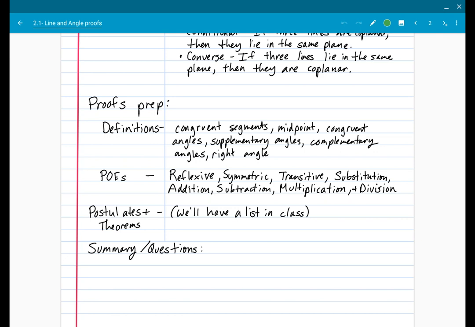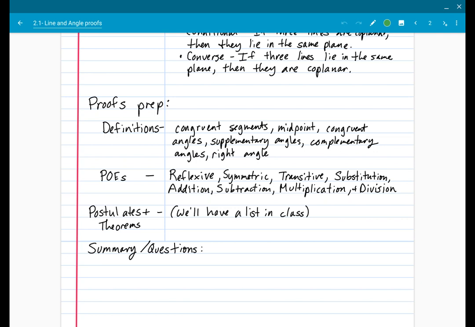We're also going to want to know our properties of equality. Some examples are reflexive, symmetric, transitive, substitution, addition, subtraction, multiplication, and division. Test yourself by trying to name what each of these mean. And if you don't remember one correctly, go back and study them, please.